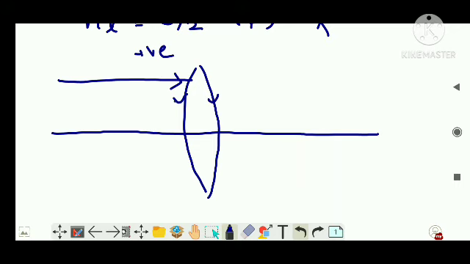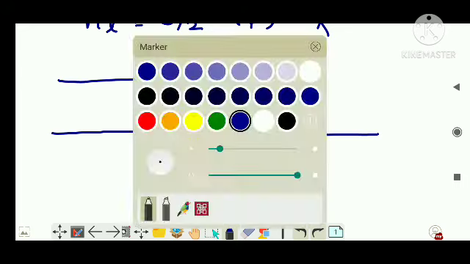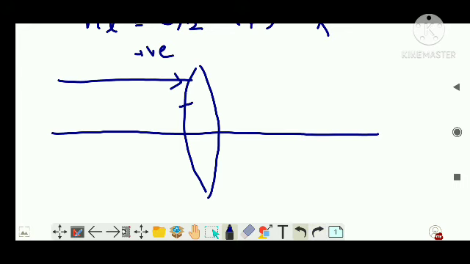For the first surface, the center of curvature will be here, C1, so that this distance is R1.